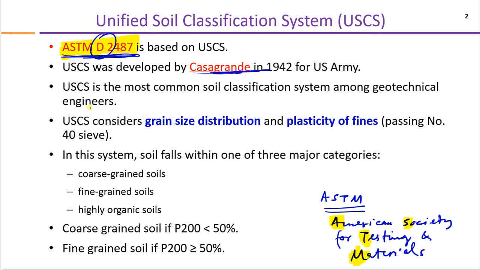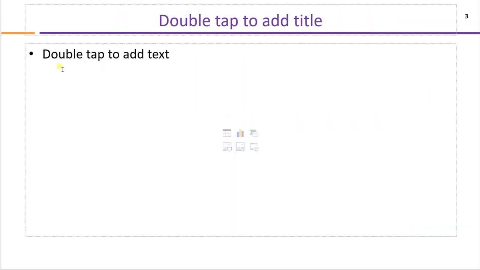Now in this system, the most important thing is the percentage passing from sieve number 200. Let me write here.